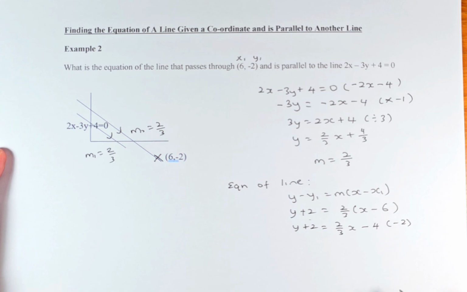So what happened now is that we're going to have y equals 2/3 x minus 4 minus 2, and the answer is 2/3 x minus 6. So to simplify that equation, what we're going to do is just multiply everything by 3. So it's 3y equals 2x minus 18, and that is the answer for this equation.